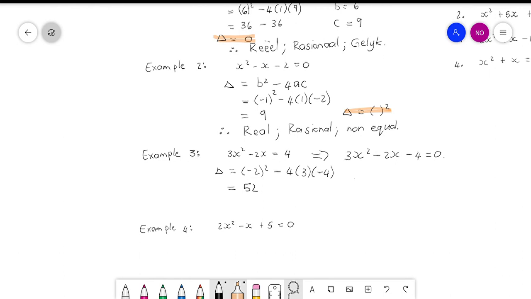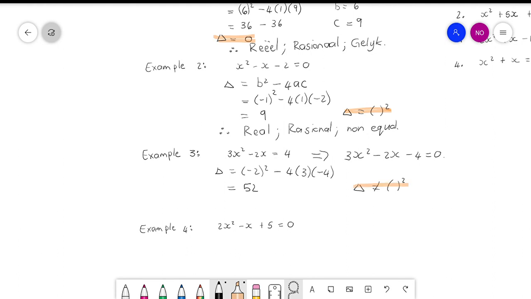Nou sal julle sien dit beteken hy's groter as 0, maar hy's nie gelyk aan enige volkome vierkante nie. We don't know what the square root of 52 is, right? Jy kan hom sonder jou sakrekenaar uitwerk en hy gaan vir jou desimale getal gee. So because of that, we know that it means it's not equal to one of those.